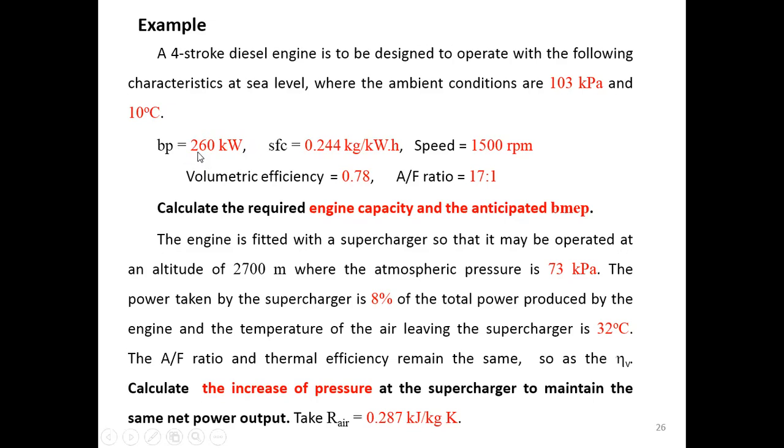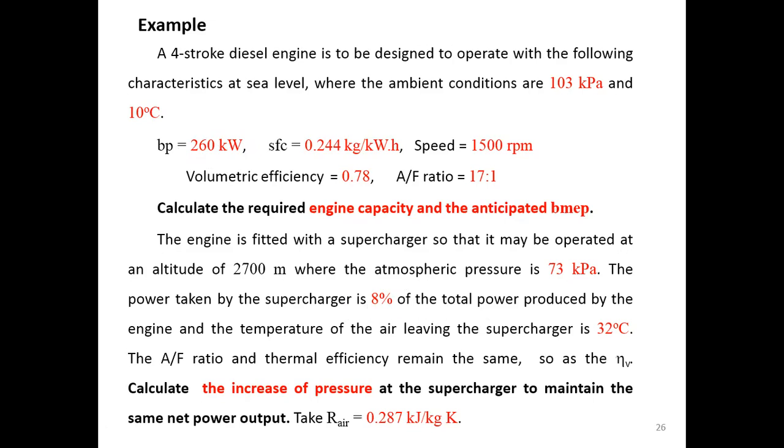But the actual power that the engine has to deliver is not 260 kilowatt, because now it has to provide some of its power to run the supercharger, and that amount is 8% of the total power output.